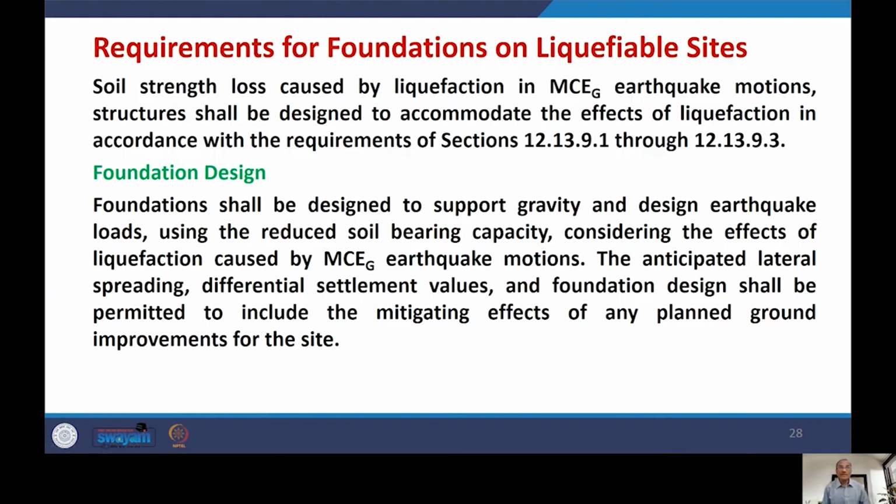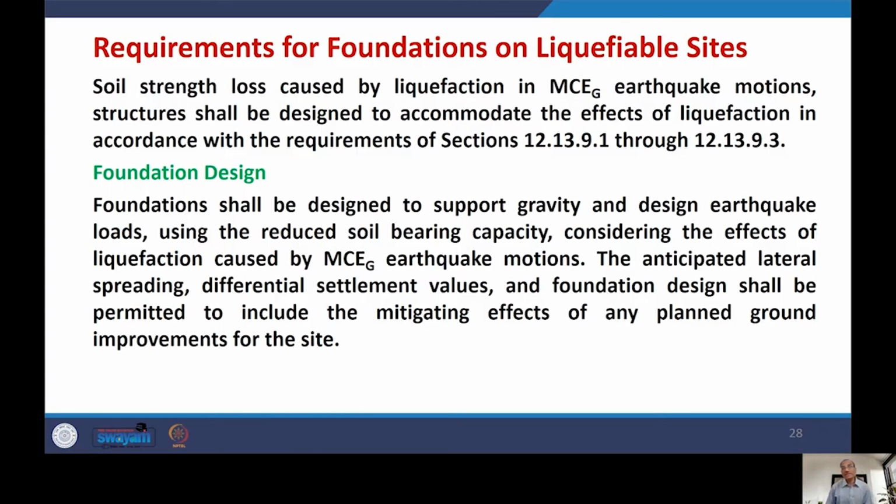We have to be aware that soil strength is lost when it is subjected to liquefaction. In MCE earthquake motions, the structure shall be designed to accommodate the effects of liquefaction in accordance with the requirements given in the sections.